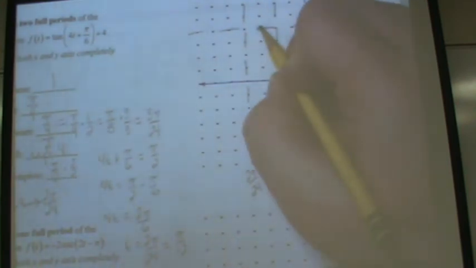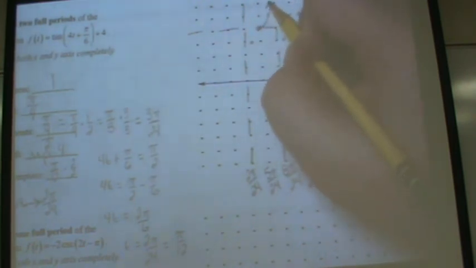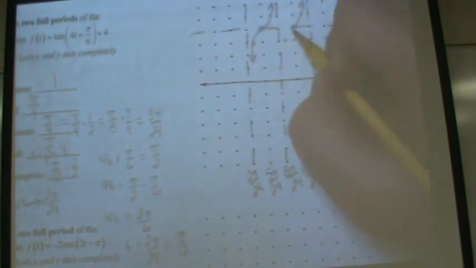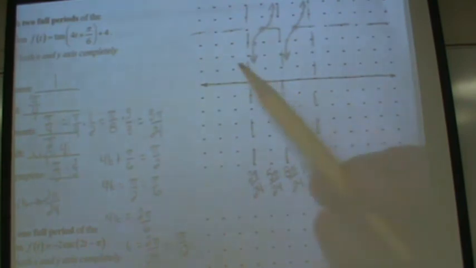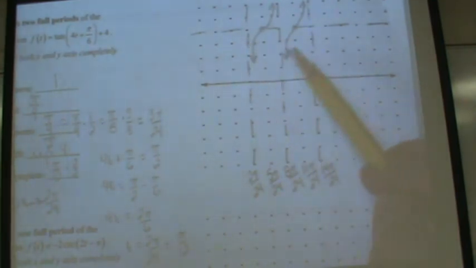And then this is the tangent function, so we just use our pattern for tangent, that it crosses the x-axis right in the middle. We only had a steepness of 1. So our tangent function is going to look like this. And you have to do 2 full periods of that tangent function.